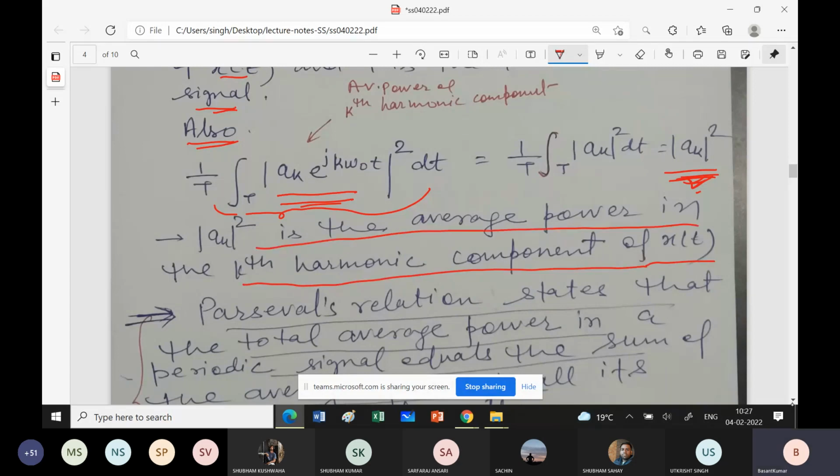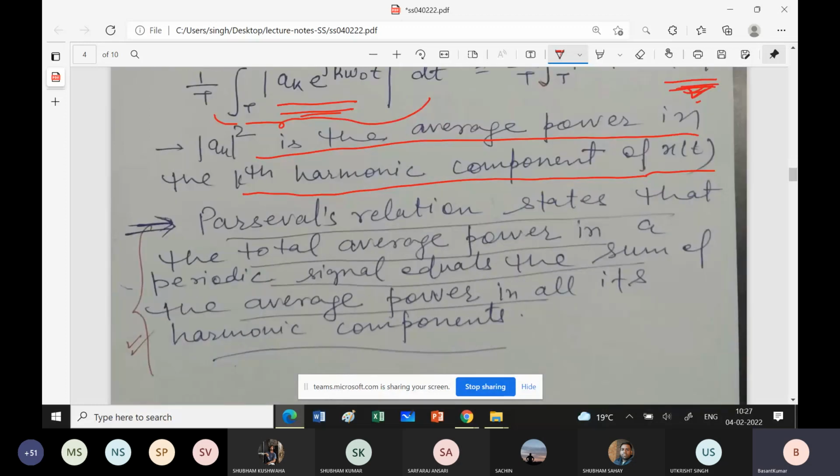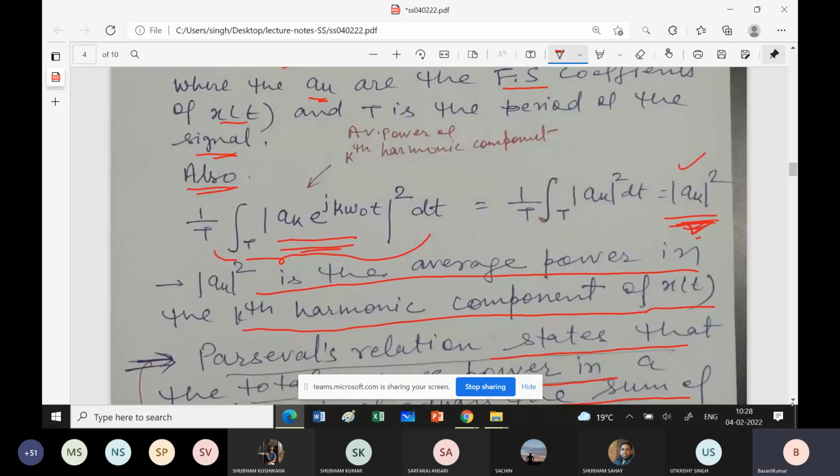So this is the meaning. Formally, the Parseval relation states that the total average power in a periodic signal equals the sum of the average power in all its harmonic components. And this represents the average power in the kth harmonic component.